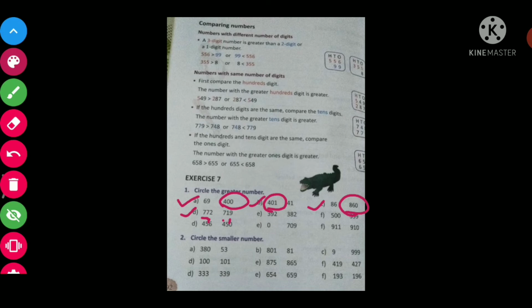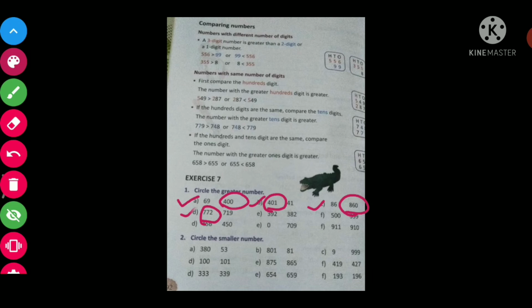So which one will be the greater one? The one having 7 in its tens place, right? So we'll circle the greater one, and the greater number is 772.